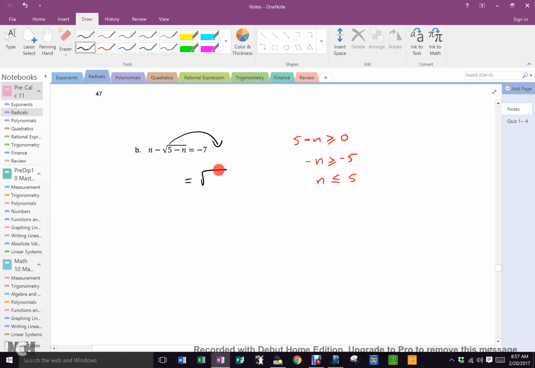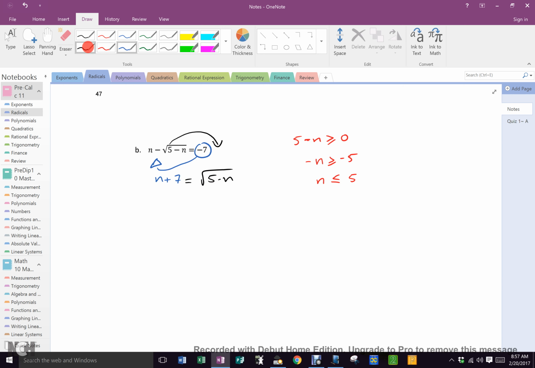So I'm going to have root 5 minus n, yes? And if I'm isolating the radical, what do I have to do with this negative 7? I got to move it back over here. So I end up with n plus 7. Is everybody cool with that? Okay. Now, what's our next step?